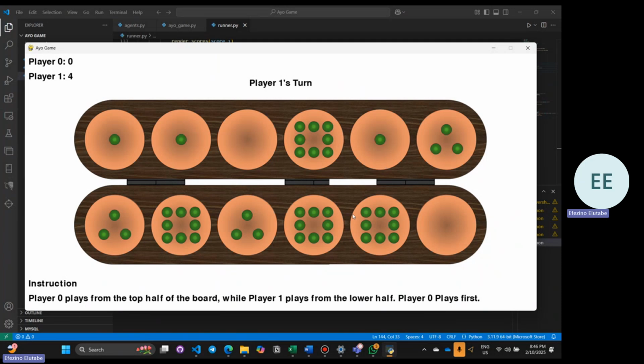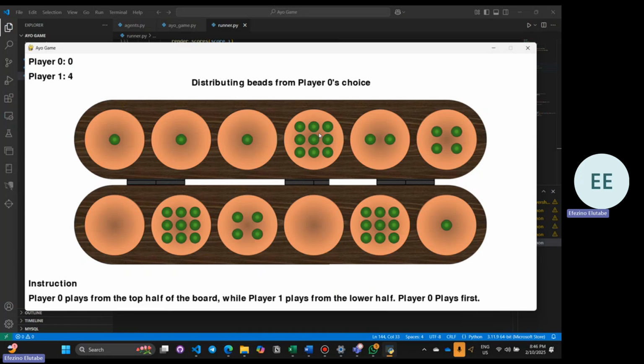So now it's player B's turn, and player B says, if player A plays this one move here, he's going to stop at 4 and take points from my side. So player B plays this, distributes them, and then takes this special number and distributes it, and so on and so forth.